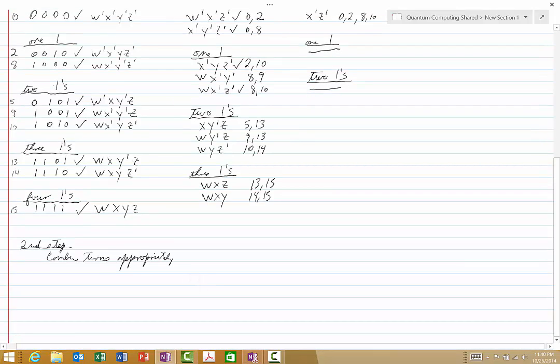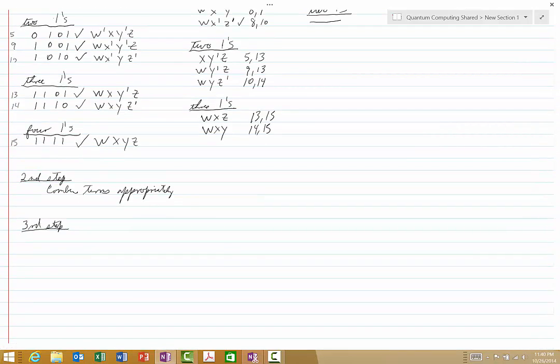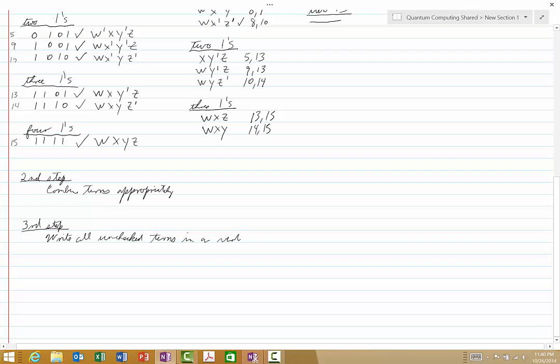And now for the third step, write all unchecked terms in a vertical column.